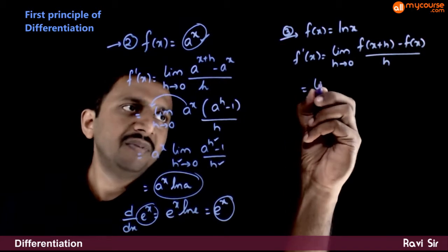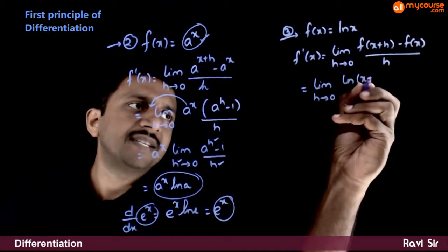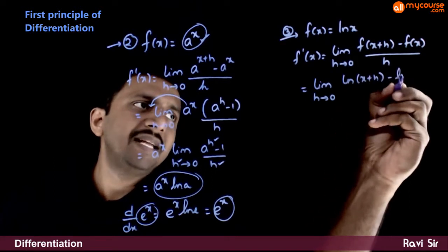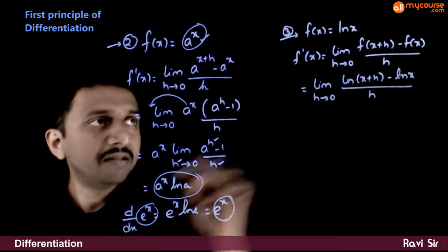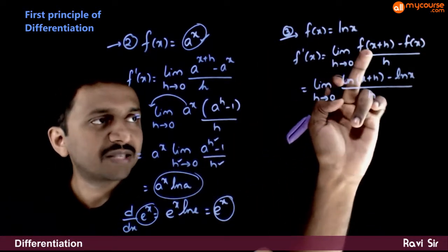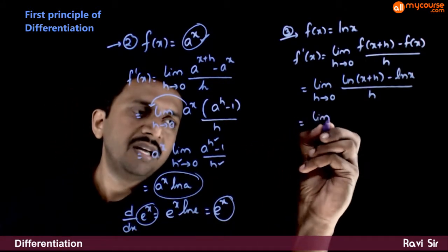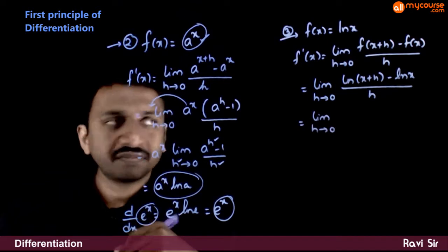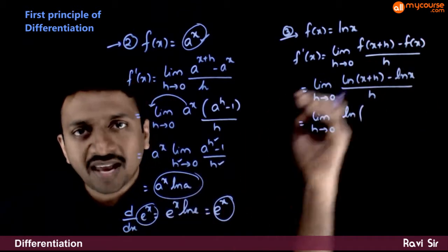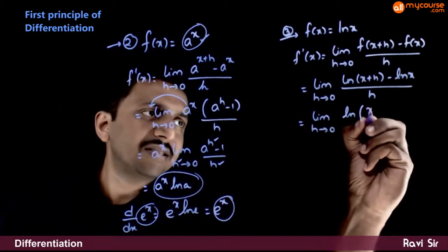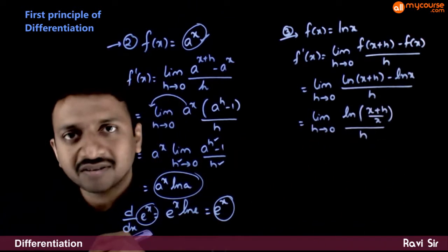That is equal to the limit as h tends to 0 of (ln(x+h) minus ln x) by h. f(x) is ln x, so f(x+h) is ln(x+h). Since ln a minus ln b is ln(a by b), this is ln((x+h) by x) by h.